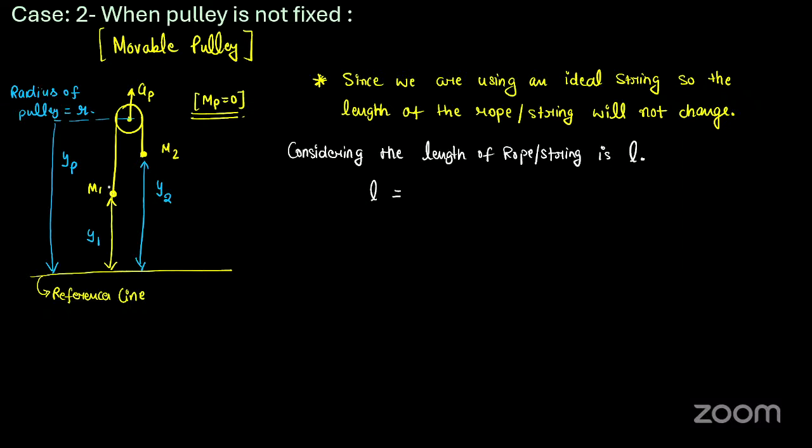The length is only this part, this yellow part from M1 to M2. We can write l is equal to, this is YP, right? YP minus Y1, if I subtract Y1 from YP, I will get this length. Then plus, if I subtract Y2 from YP, which length will I get? This length will come. So I can write YP minus Y2. Now this is a very important question.